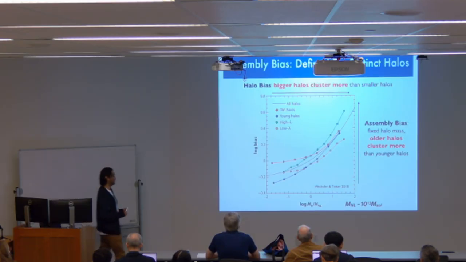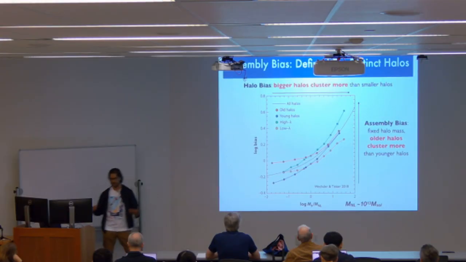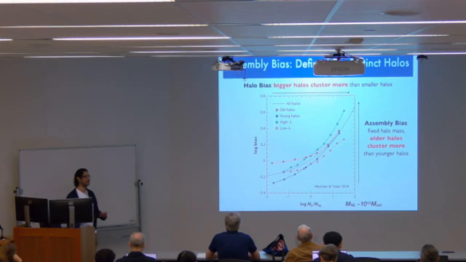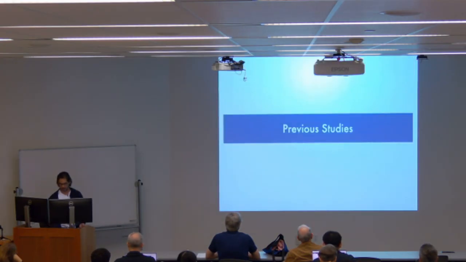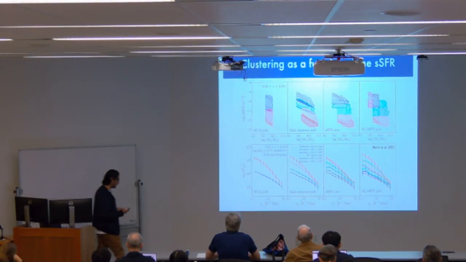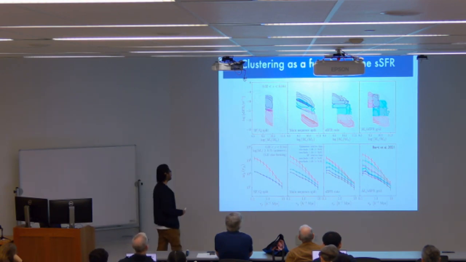Now, because we know that star-forming galaxies or quiescent galaxies cluster differently, one would be tempted to assign a halo assembly bias to those models. So what have we seen in previous models? This is a result from Berti 2021, which was very inspiring for our work.